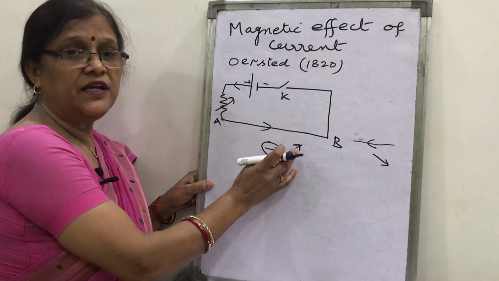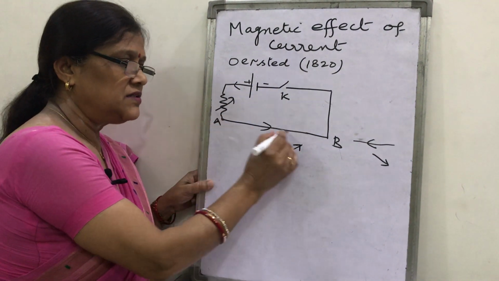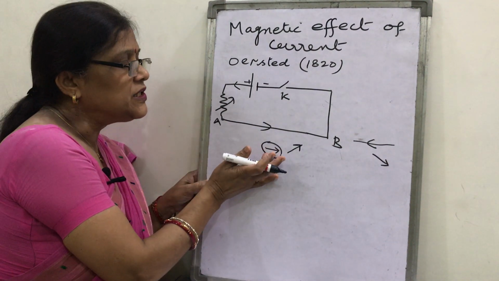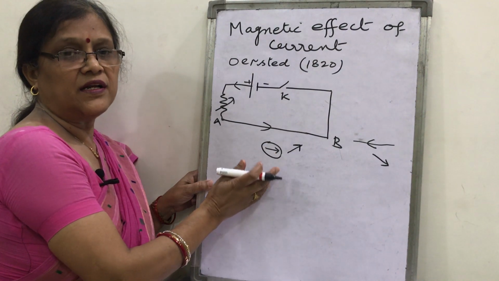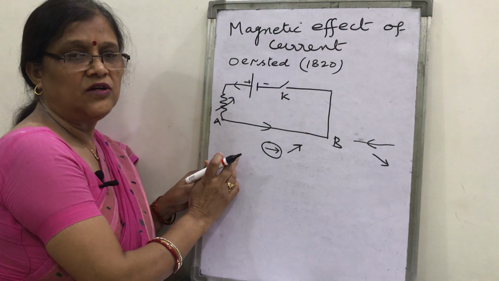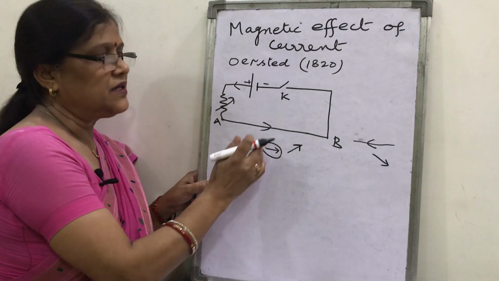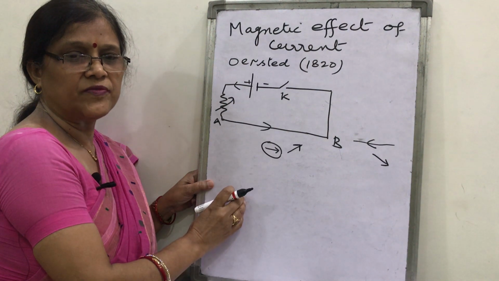Deflection is increased when the current is increased through the wire with the help of the rheostat, or the distance between the needle and the current carrying conductor is decreased. So it was observed by Oersted that there is a magnetic field around a current carrying conductor.